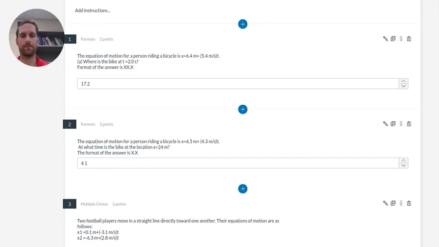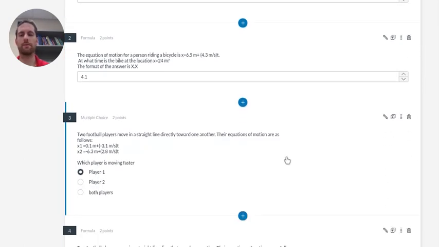So if we want to know which is moving faster, it's going to be player 1, because even though it's negative, it just means he's moving in the other direction. So negative 3.1 or positive 2.8. Negative 3.1 is bigger, so that one's the larger number.